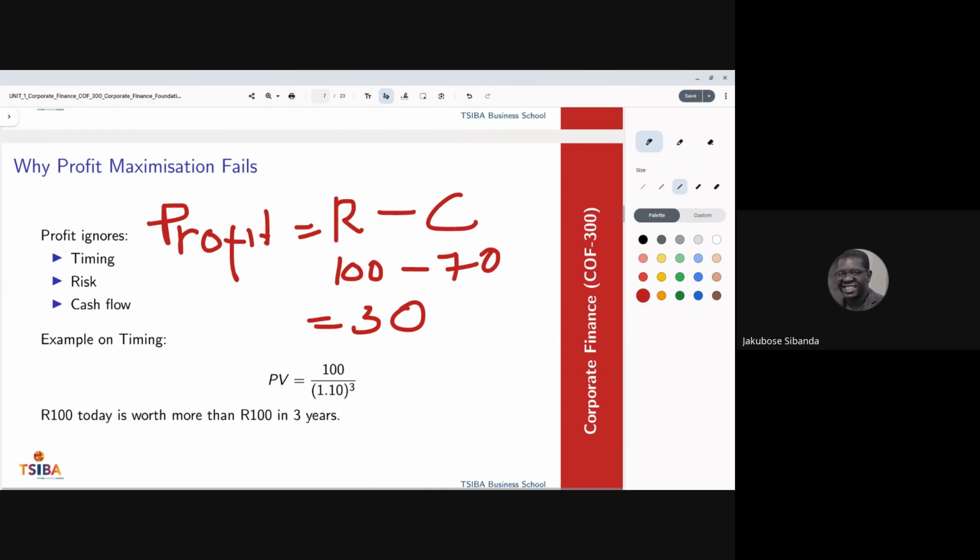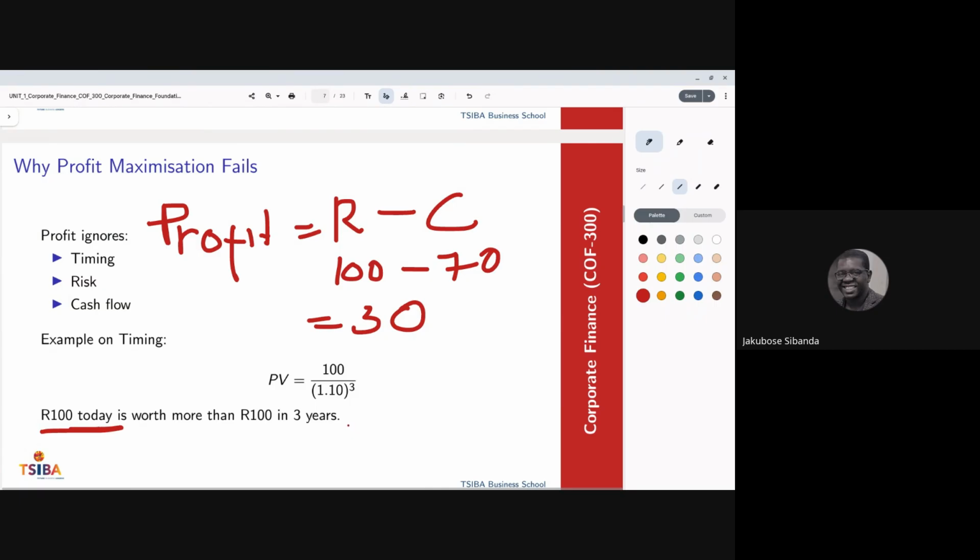If you go to year 2, you get 30 or you get 45. Year 3, you get 30 or you get 45. But it's not like that formula that is kind of complex, where you talk about cash flows and there's also an R. For example, the question says 100 rand today is worth more than 100 rand in 3 years.